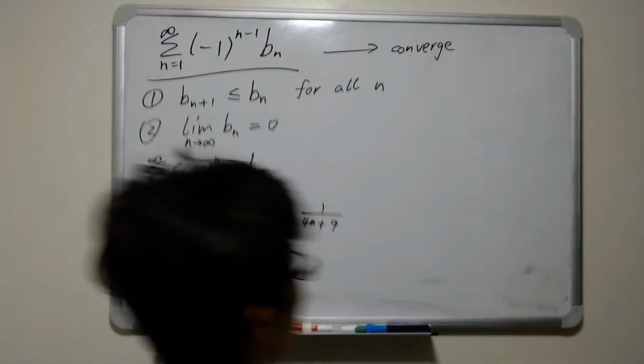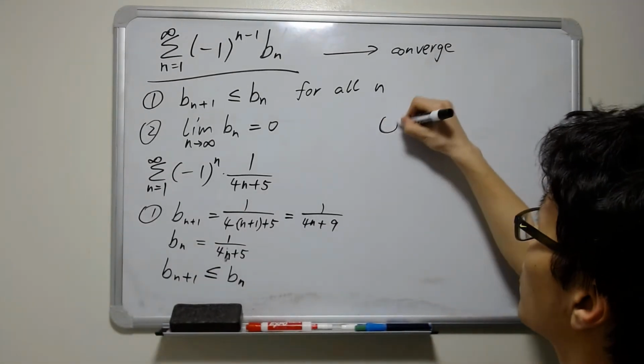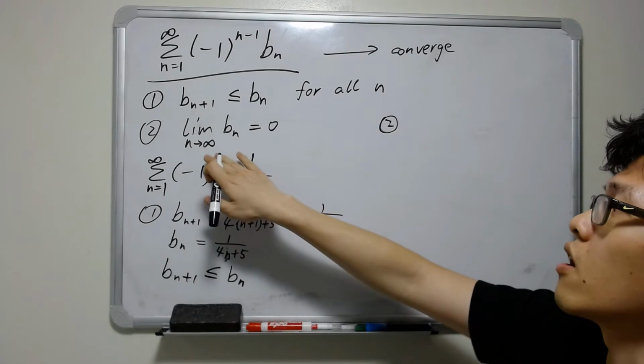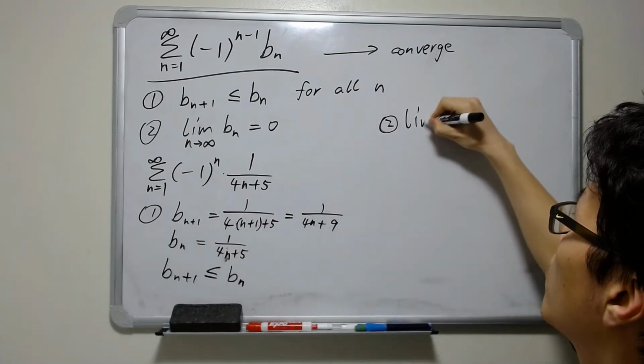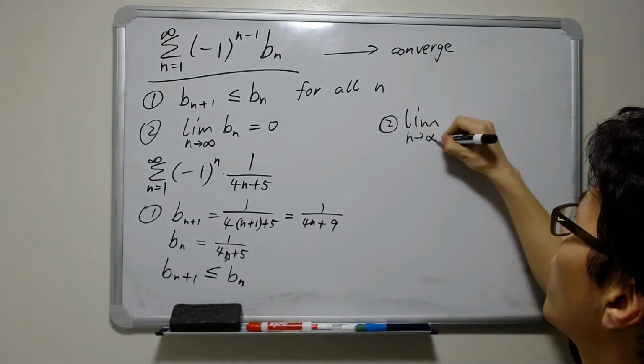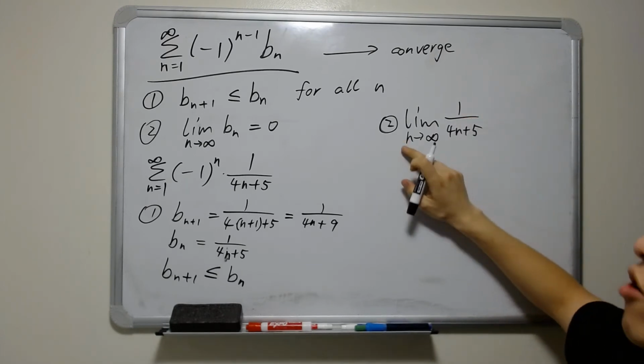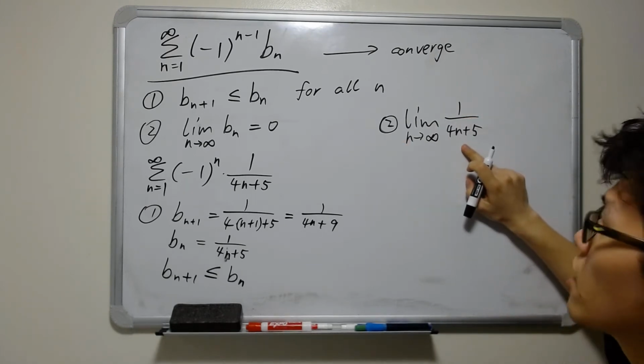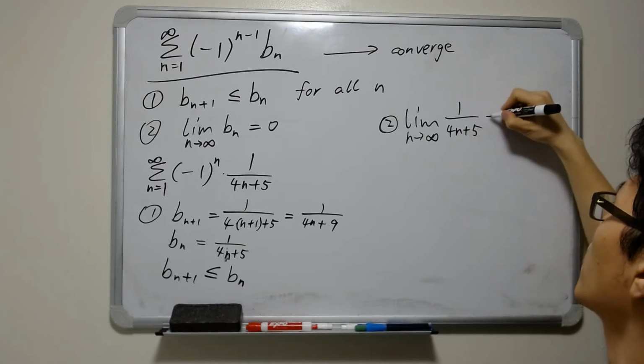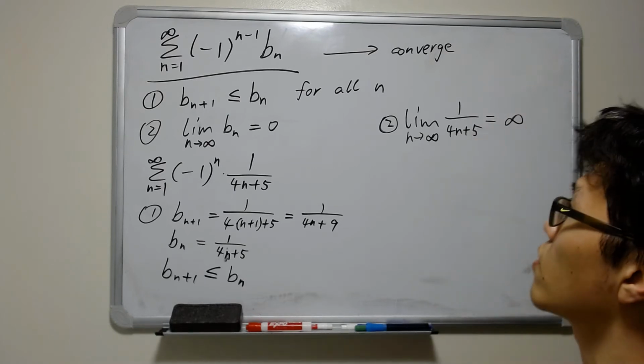So this series satisfies the first condition, and then we go to the second condition: the limit of b_n goes to 0. I take the limit of 1 over 4n plus 5. Because the denominator goes to infinity and the top is a constant, b_n goes to 0.